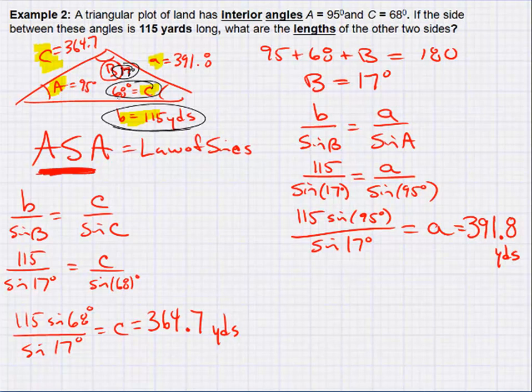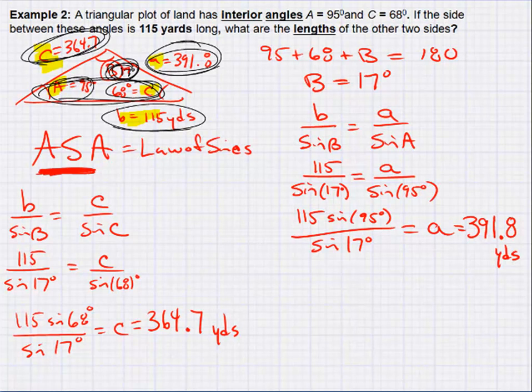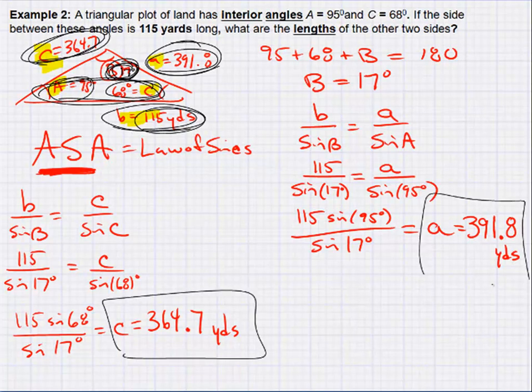This is the next smallest angle, so this should be the next smallest side. It is. This is the biggest angle, so this should be the biggest side. It is. These two angles are fairly close to one another, and these two side measurements are fairly close to one another. That makes sense. This one's pretty far off, and this side length is pretty far off. So proportionately, it looks right. So these are the values that I need for my sides.